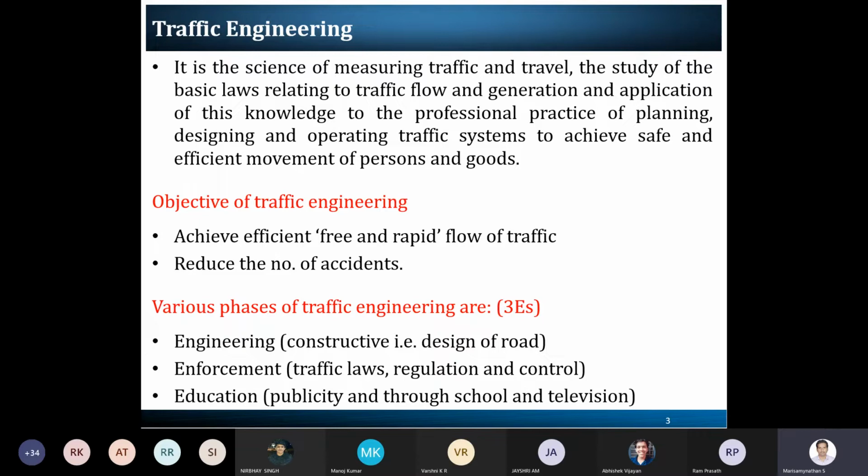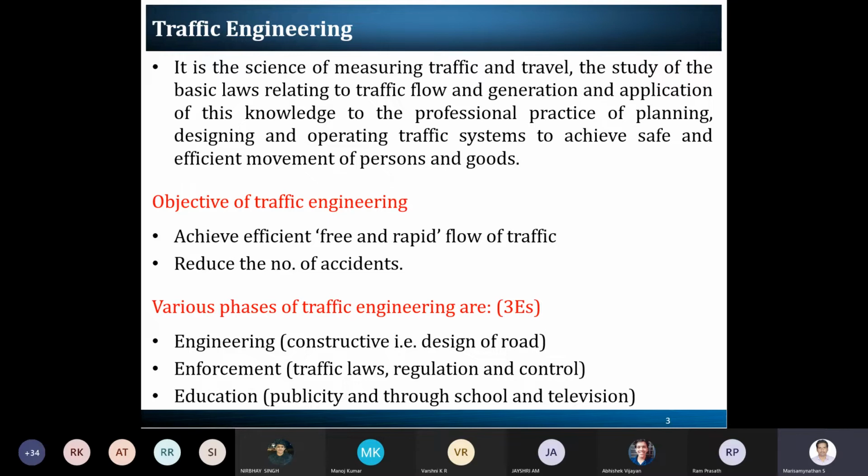To understand traffic engineering, the main important purpose is to improve safety and efficiency, and moreover to give a more comfortable and convenient ride for the passenger. This is the main motivation or objective we are trying to achieve by studying and applying traffic engineering measures in the field.